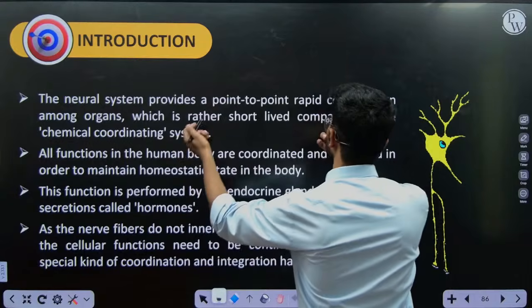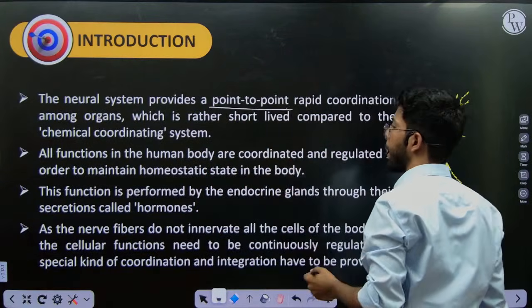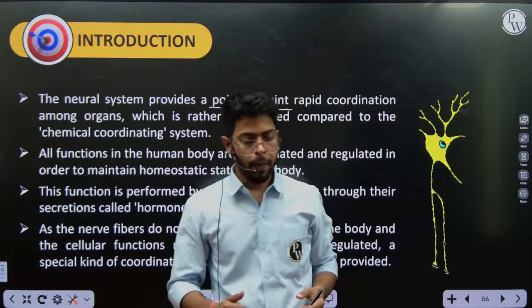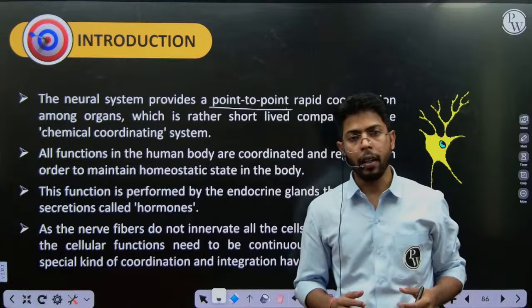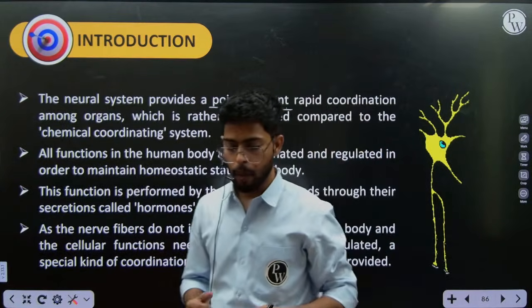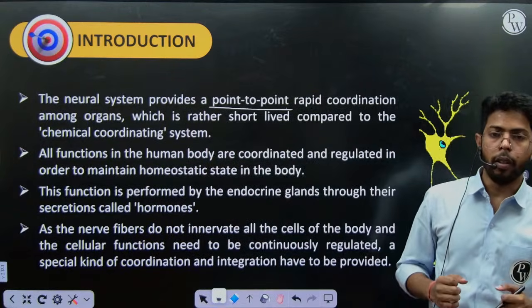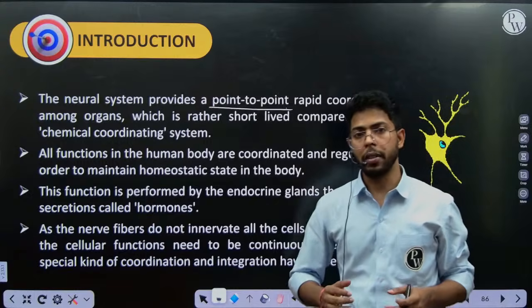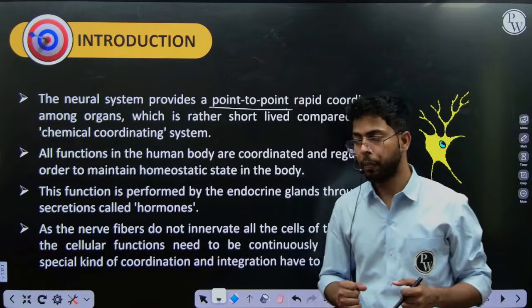The neural system is point to point, and this is very fast. But if we talk about physiological changes, we require the hormones. For example, steroid hormones: testosterone, estrogen and progesterone. They are responsible for the secondary sexual characters. There is a permanent change in the physiology of a person.